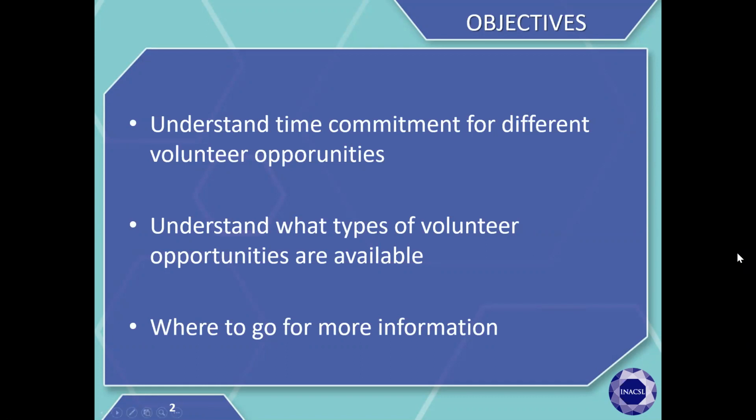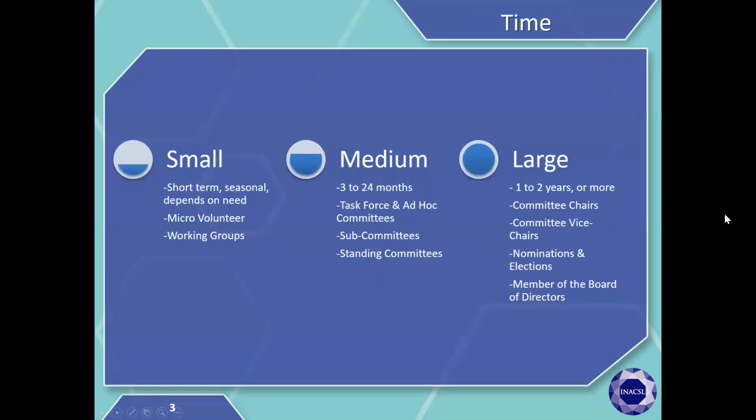First, we'll talk about the different time commitments that are available for the different volunteer opportunities. As you can see from this slide, we have several different sizes of opportunities: short-term, medium-term, and long-term. The short-term opportunities are seasonal or depend on what is going on with the organization at the time.